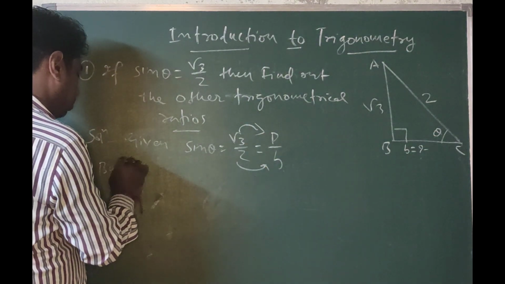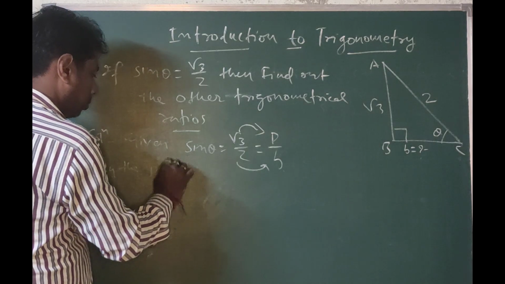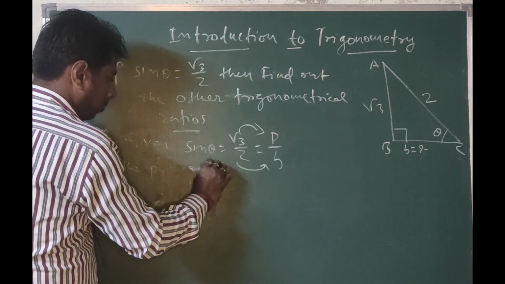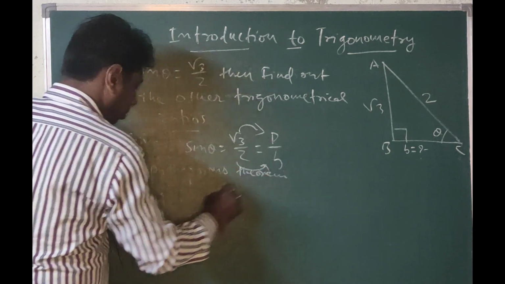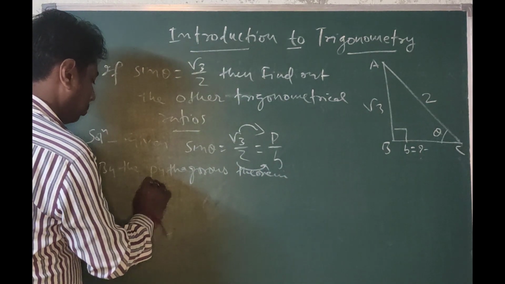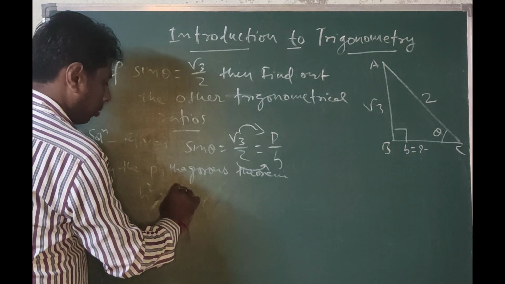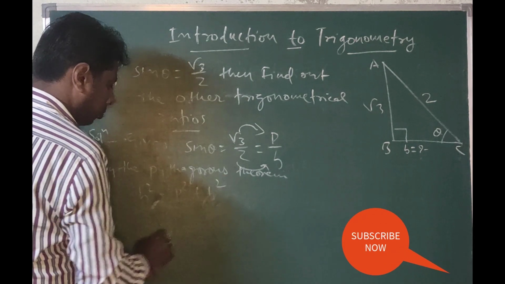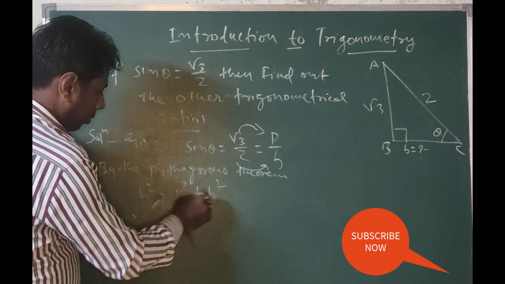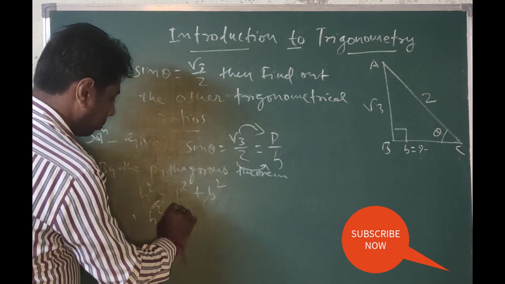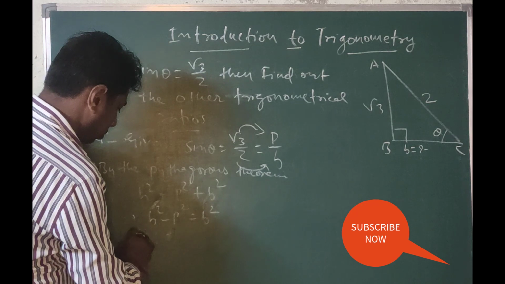So by the Pythagoras theorem, H square equals P square plus B square. Here H square minus P square equals B square.